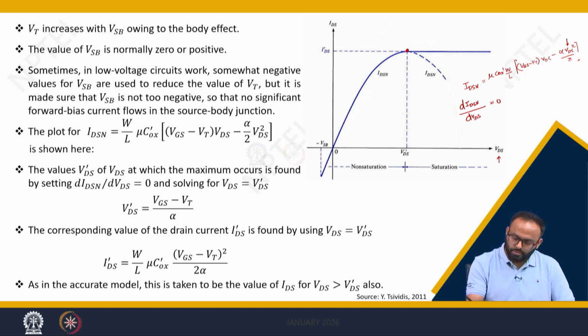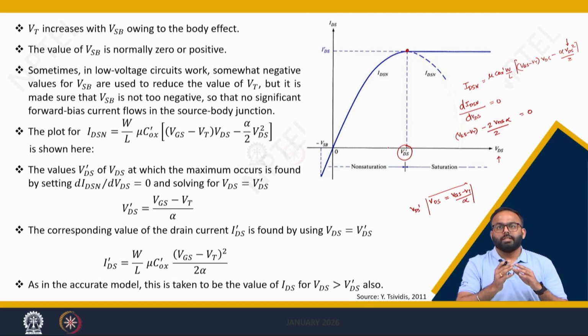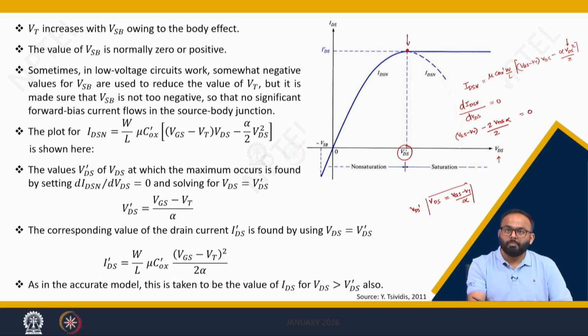If you differentiate it, you will get VGS minus VT minus 2 times alpha VDS divided by 2 equals 0. So VDS equals VGS minus VT divided by alpha. This value we call VDS dash.